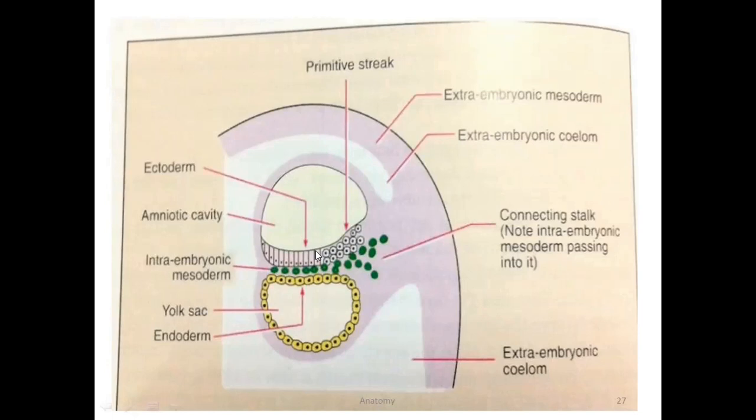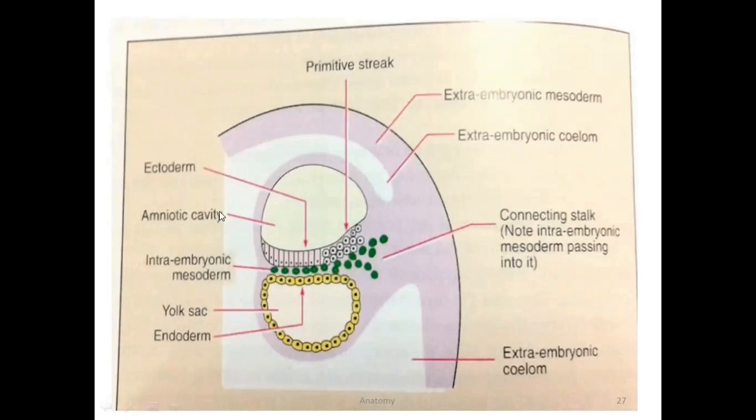Now the change occurs here in the primitive streak. Some cells of the ectoderm toward the tail end proliferate and form the primitive streak, and that is the main source to form intraembryonic mesoderm. This is endoderm. This is the yolk sac, right? Endoderm multiplies here, and toward the head end it forms a procaudal plate. So these are further changes in the developing embryonic disc.